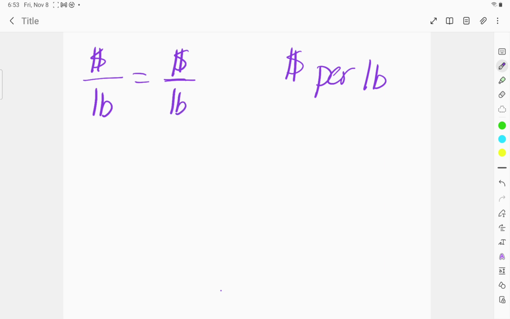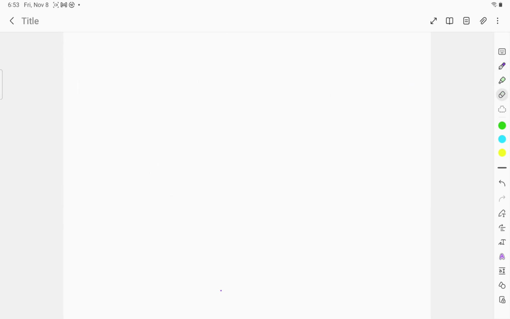It has to be the same on both sides. However you do it, if it was pound over dollar, that's fine, as long as they are directly across from each other in your ratios, when you're trying to find out these problems, okay?